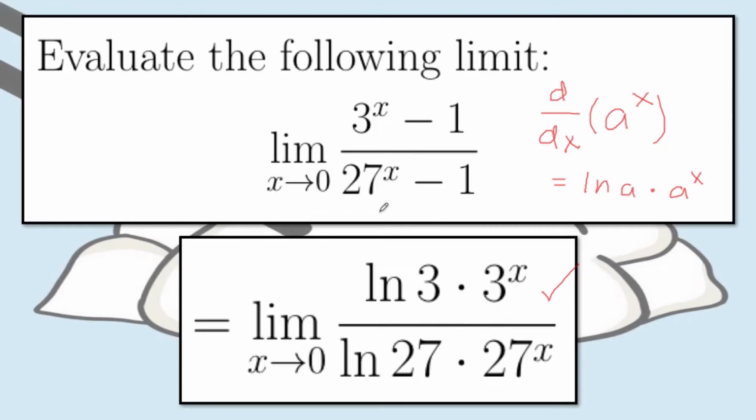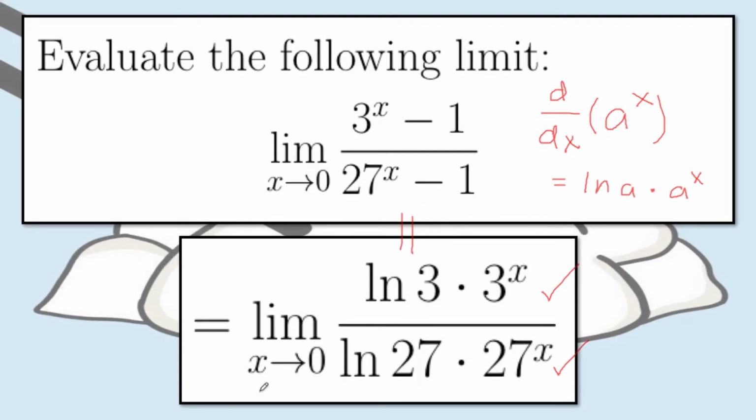Similarly for the denominator, the derivative of 27 raised to x is ln 27 times 27 raised to x. The minus 1 will just become 0 since it's a constant. So we have ln 27 times 27 raised to x in the denominator. This limit is equivalent to the limit that we have in the item, since we applied L'Hopital's rule.